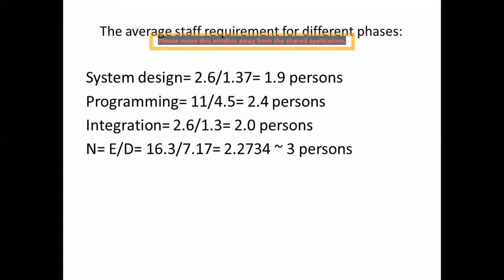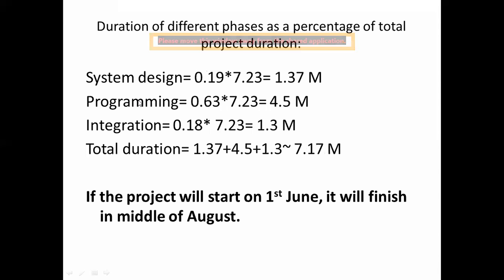So we have the effort 2.6 and this is the duration. If you divide effort by duration, you can calculate the number of persons. Now, from where are we getting this 2.6 value and 1.37? It is given here.